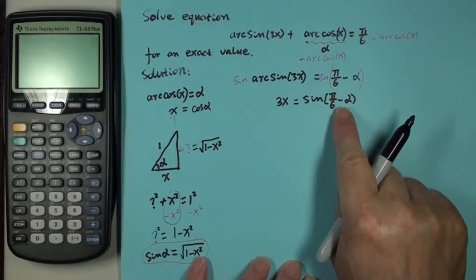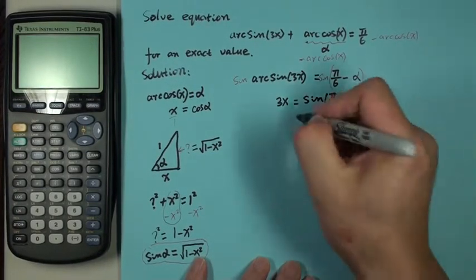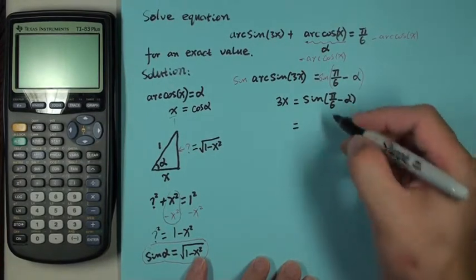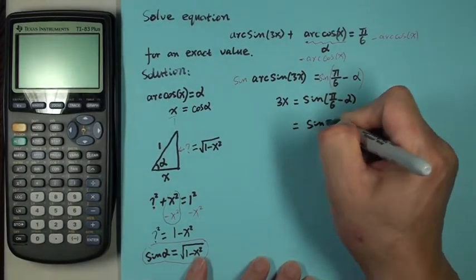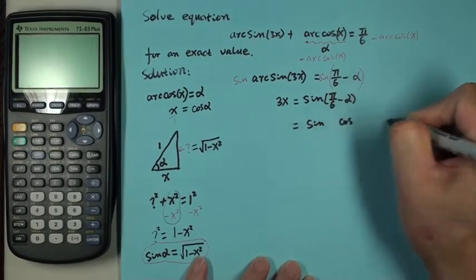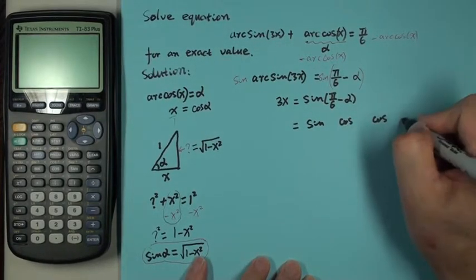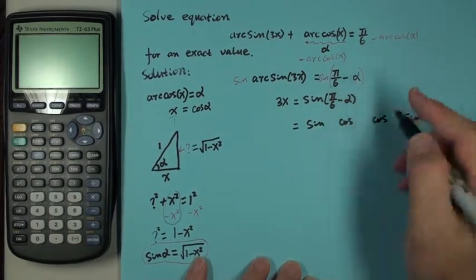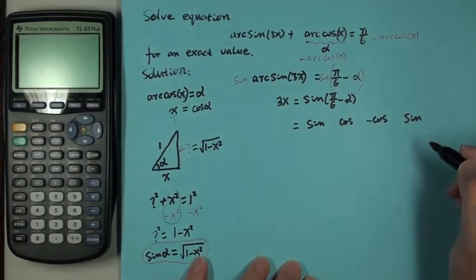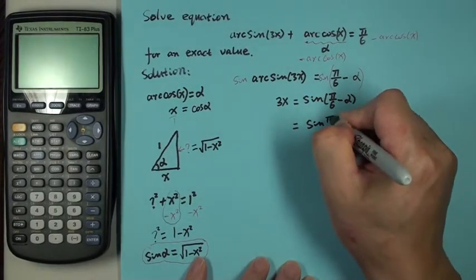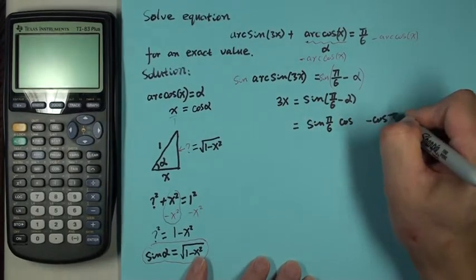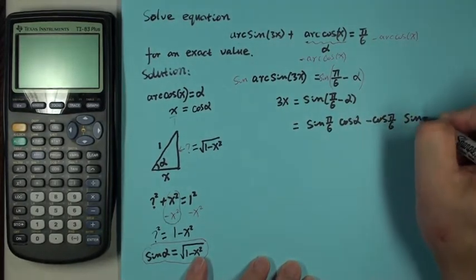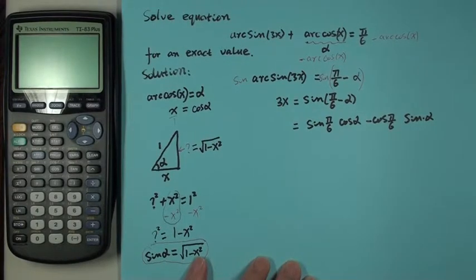This is one angle minus another. If you remember the formula, sine of one angle minus another is sine cosine minus cosine sine. The first angle is pi over 6, the second angle is alpha.